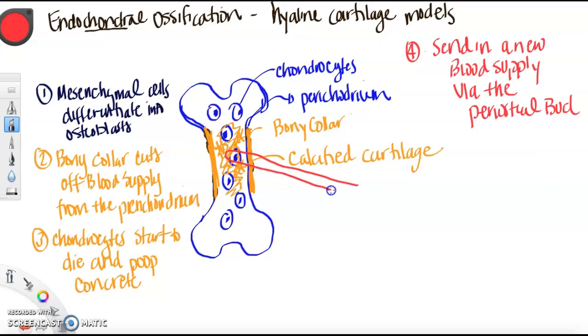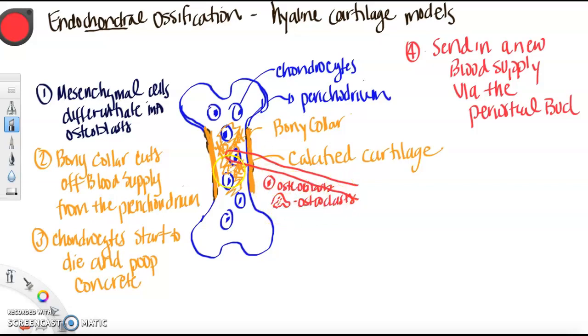And it's carrying some cells: osteoblasts and osteoclasts, these guys with all the nuclei.